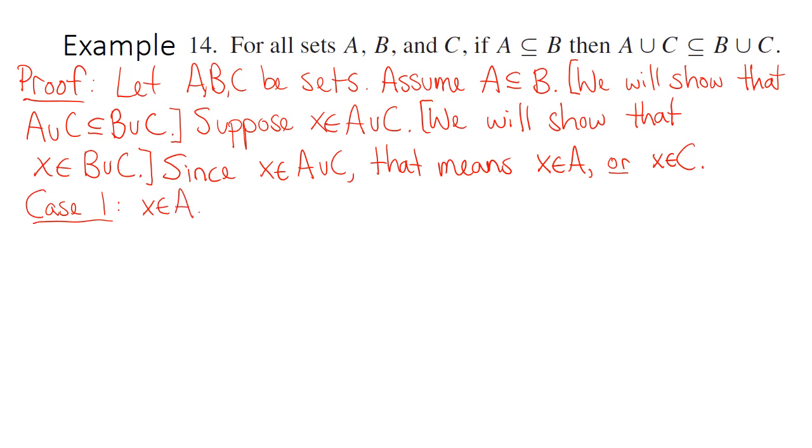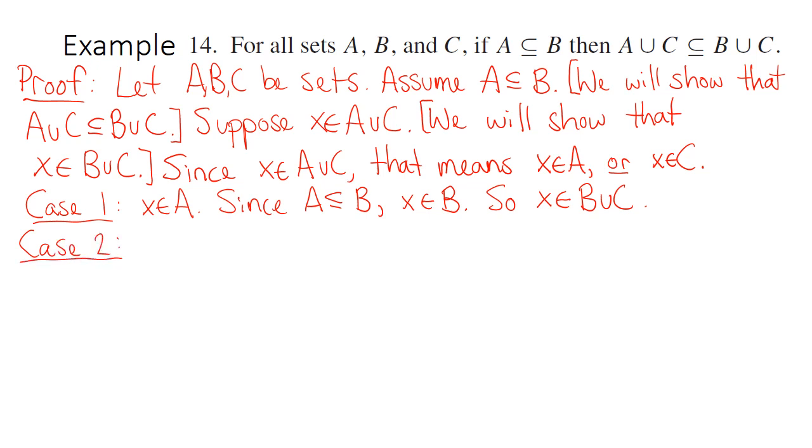If X is in A, well, A is a subset of B. So that would mean that X would also be in B. And if X is in B, then X is also in the union of B and C. Okay. Now let's look at case 2.